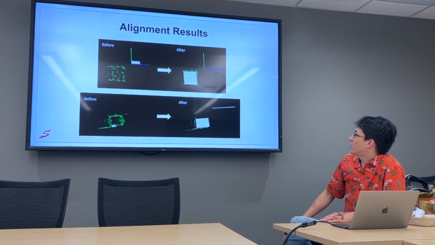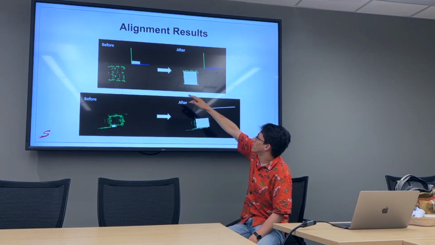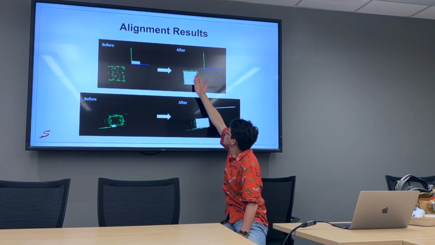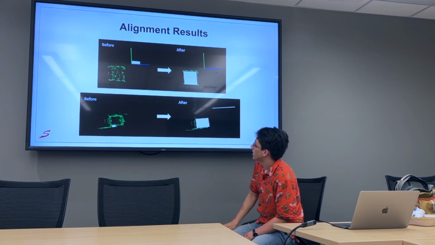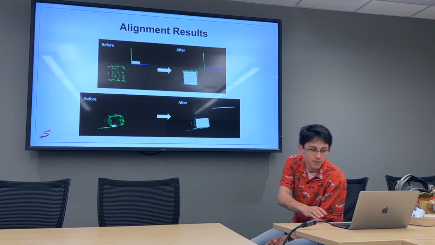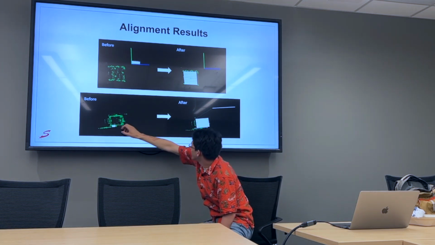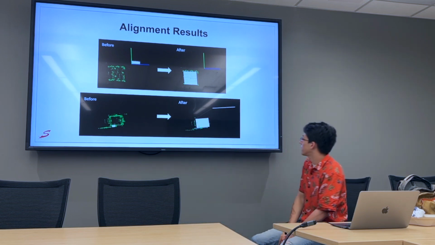You can see this top is Tango, and the primitive shape model is just a box, and it was able to fit as well as it can onto here. And for Dart, this is from a side view, but as you can see, it went from this tiny thing and blew up to fit the point cloud as well as it can.